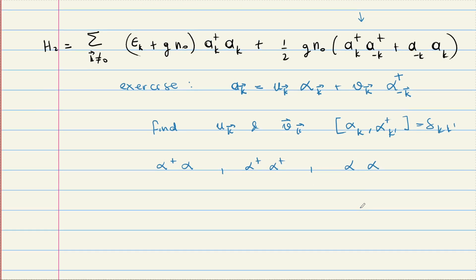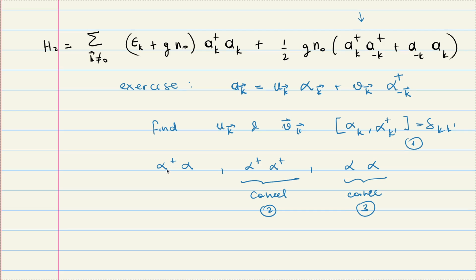The program is to cancel the coefficients of the off-diagonal terms. So basically these three conditions, 1, 2 and 3, are sufficient for you to find U and V, and also the diagonalized spectrum. It's just a standard calculation, but it's a little bit tedious, but there is nothing tricky.